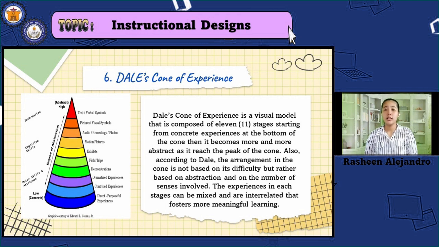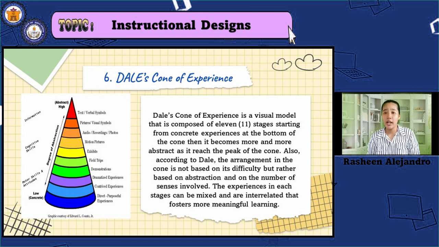Okay, so take a look at the cone. The color red is for verbal and the color orange is for visual symbols. This level of experience involves reading, hearing, and seeing of information. The visual symbolic level involves charts, maps, graphs, and diagrams used in abstract representations, while the verbal symbol level involves words, ideas, principles, and formulas.